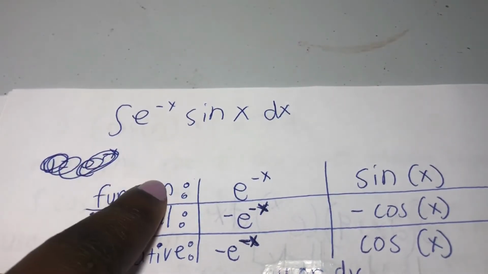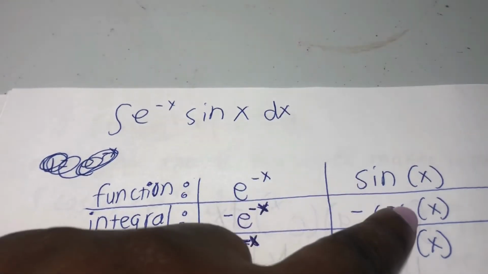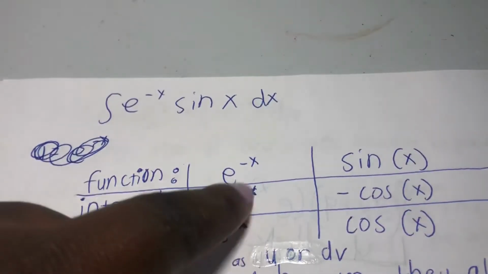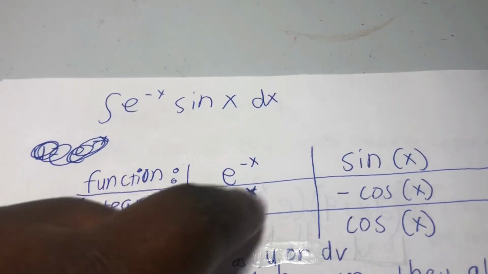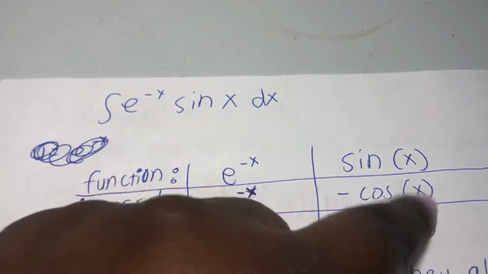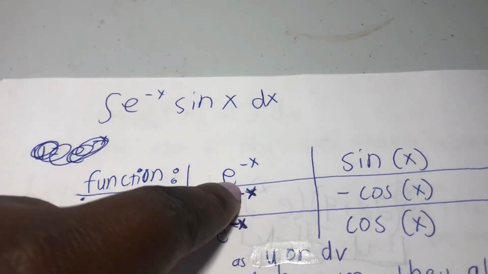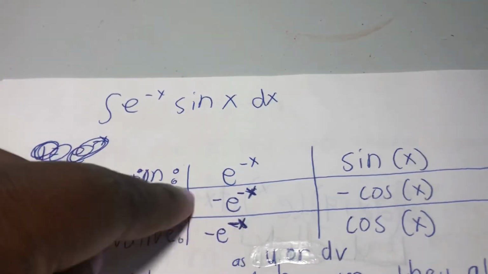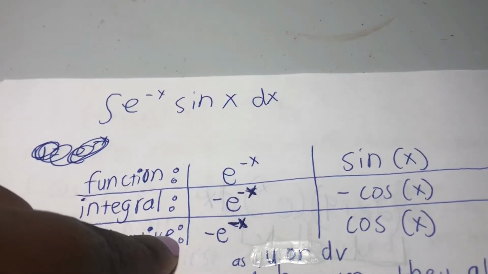We have our little chart here for the function, and then the integral and derivative of each function, and then we're going to compare the degrees of the x's for each integral and derivative for each function, and find which power is higher. So for both of these, they're both raised to the power of 1, so they both have the same amount of easiness to integrate and to find the derivative.